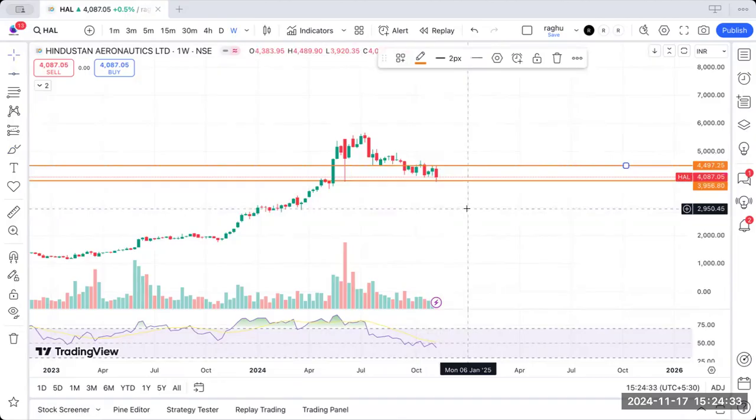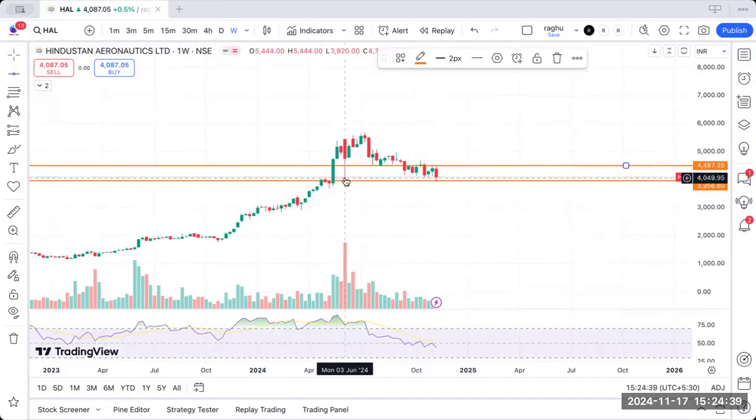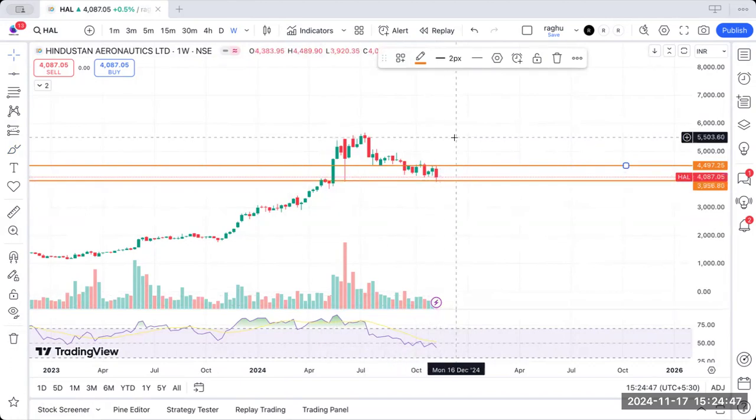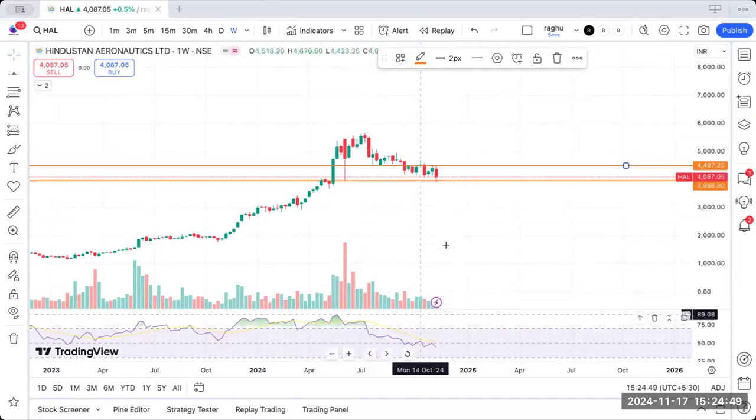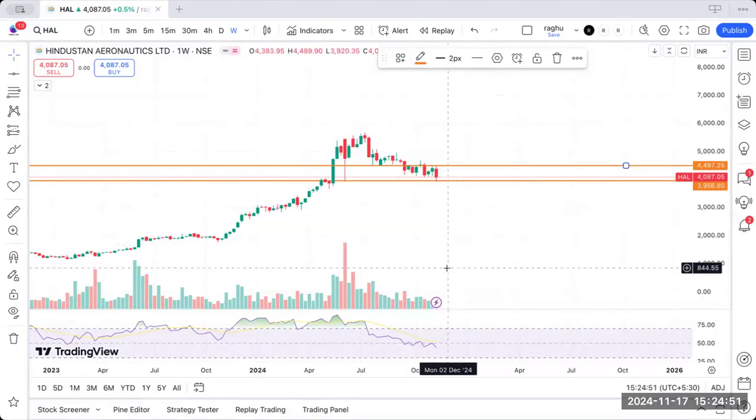Now, someone said it is taking a support. Maybe, see, exactly in this zone it is taking a support, but there is no volume generated for a breakout. There is no volume here to make the stock go up.